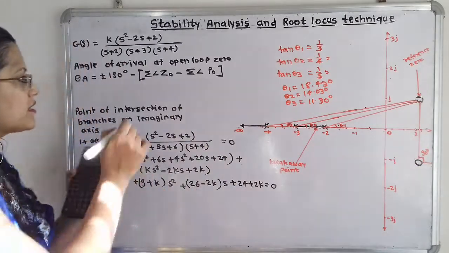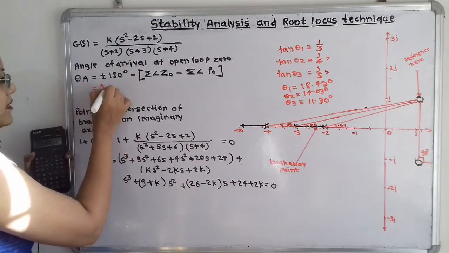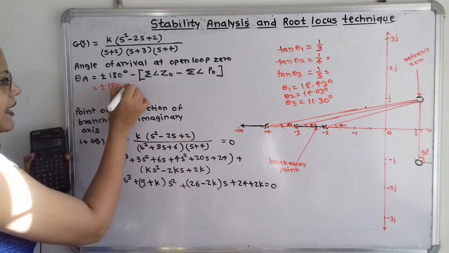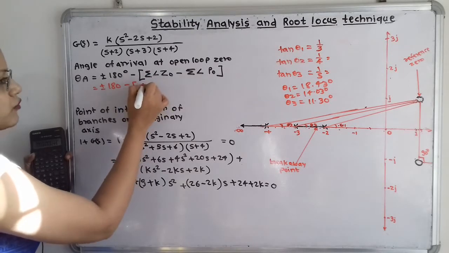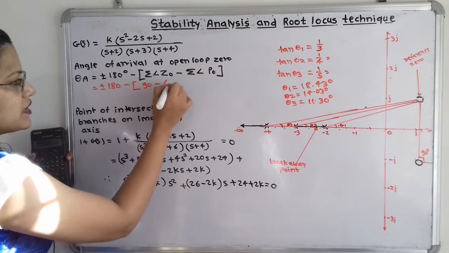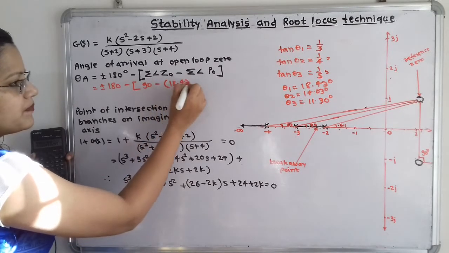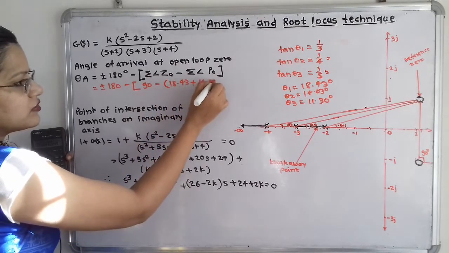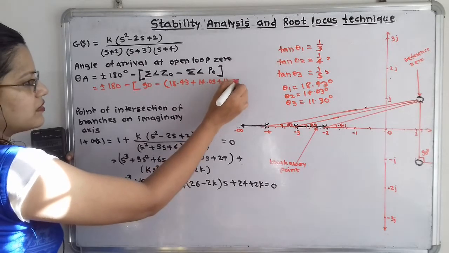So we will put here the value plus minus 180 minus, and in the bracket we have to write 90 minus, in the bracket we have to take the summation, that is 18.43 plus 14.03 plus 11.30.